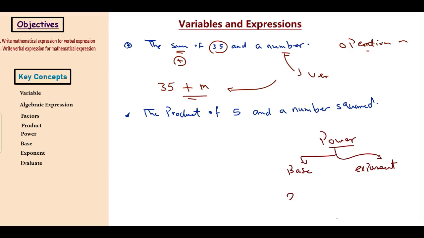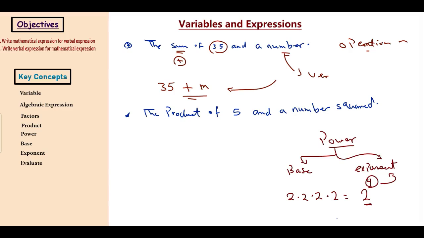So if we have 2 times 2 times 2 times 2, 4 times, we can simply use the power expression by saying 2 is multiplied by itself 4 times. This number 4 represents how many times the 2 is multiplied by itself, and the number we multiply by itself is 2. This is the base of the expression.